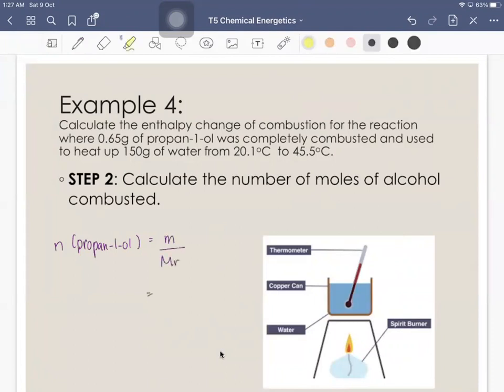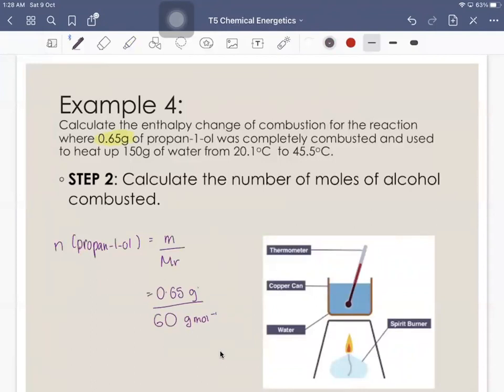Mass of propanol is given as 0.65 grams, and the Mr of propanol is 60 grams per mole. Again, that cancels out.